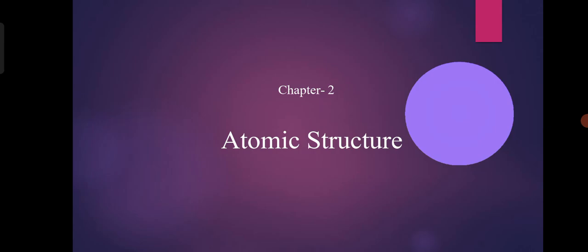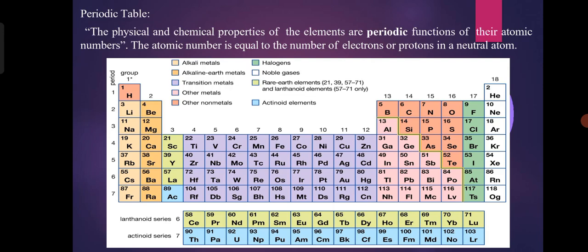This chapter depends on the periodic table and the rules related to it, and how electrons get filled in the atom. So in this chapter we discuss some rules and the periodic table. So let's start with the periodic table.